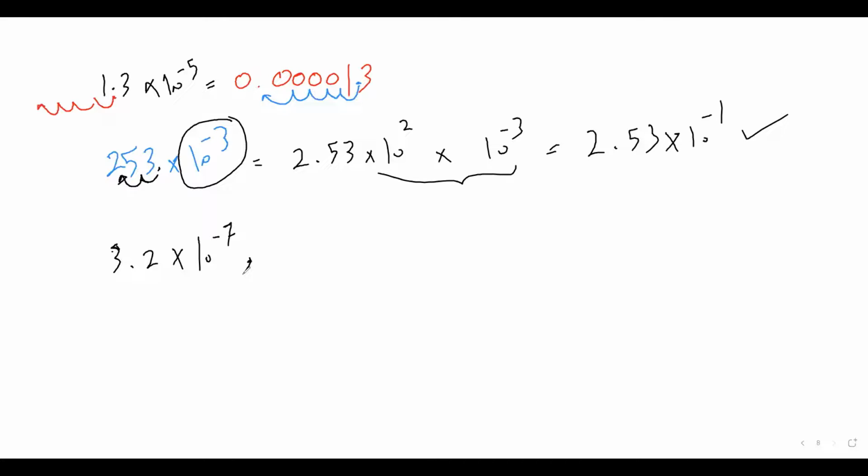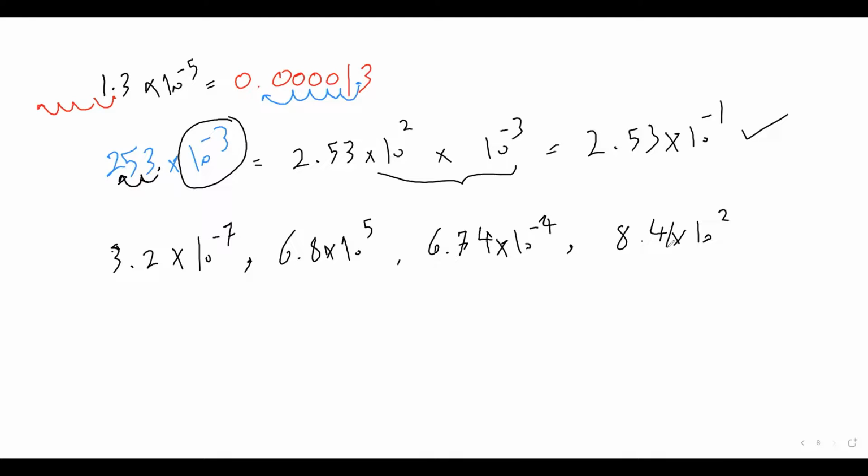So we have 6.8 times 10 to the power of 5. We have 6.74 times 10 to the power of -4. We have 8.4 times 10 to the power of 2. There's a 1 missing here.